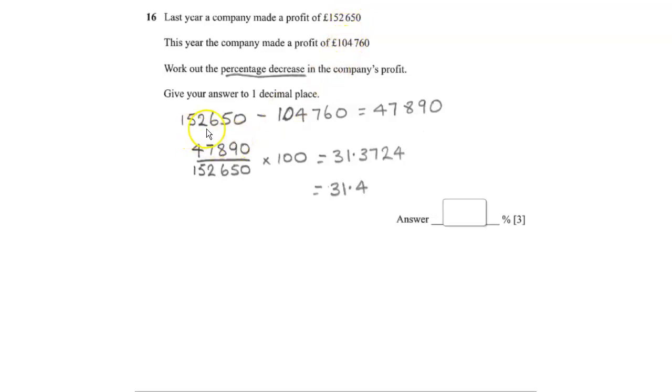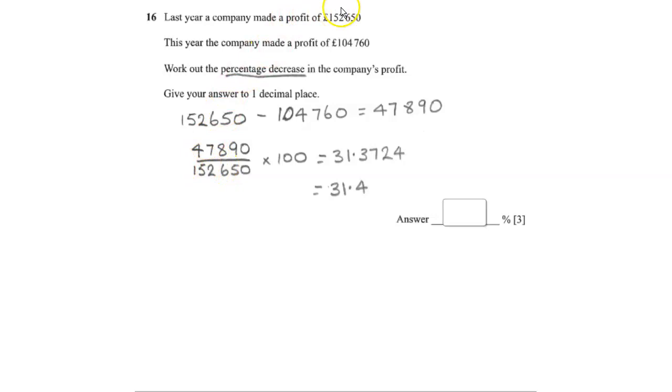So it's 152,650 take away 104,760, which basically gets 47,890. This is how much it decreased by. You take this number and you put it on top of the fraction here. 152,650 is at the bottom here.